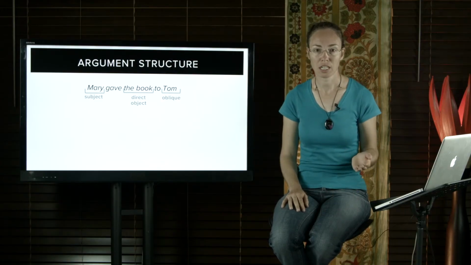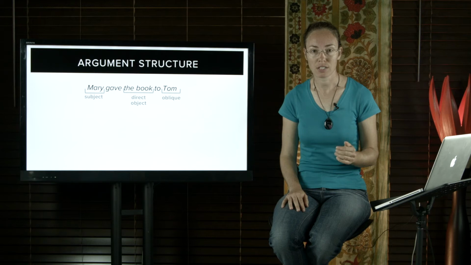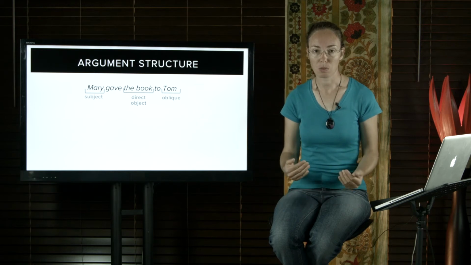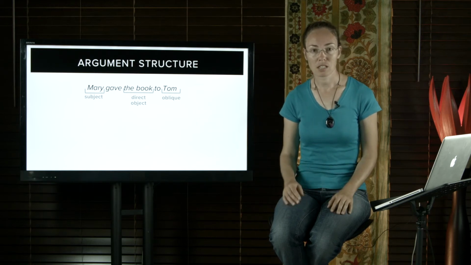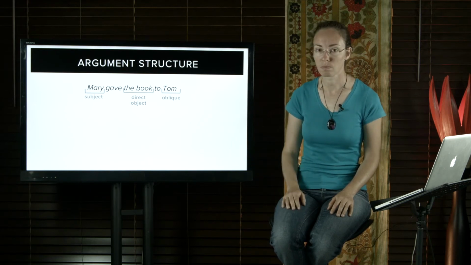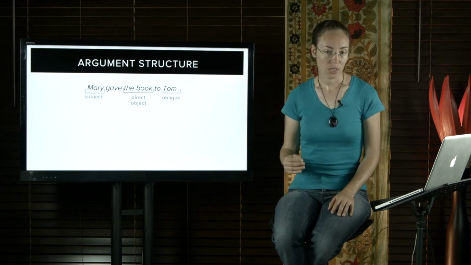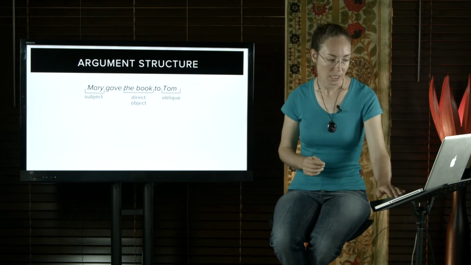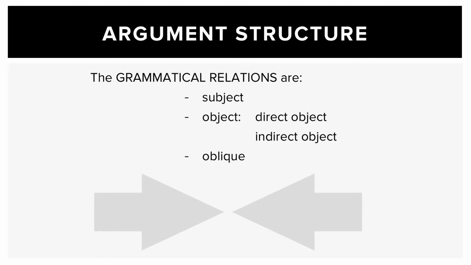Because an object is a complement that is a noun phrase on its own, like Tom or the book. But an oblique is a complement that is a prepositional phrase, like to Tom. So, in summary, the grammatical relations are subject, object, which can be a direct object or an indirect object, and oblique.